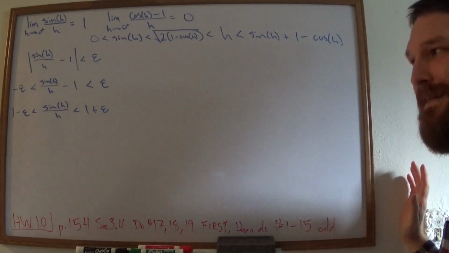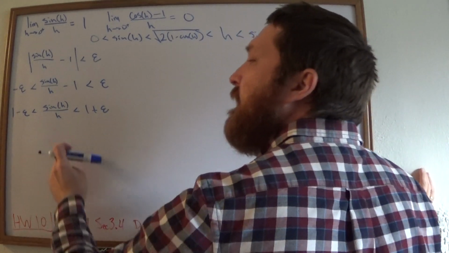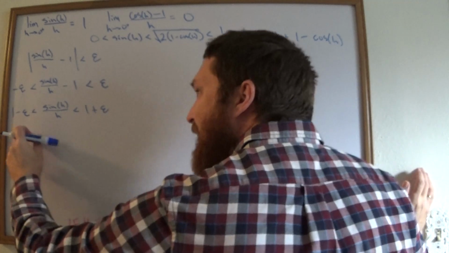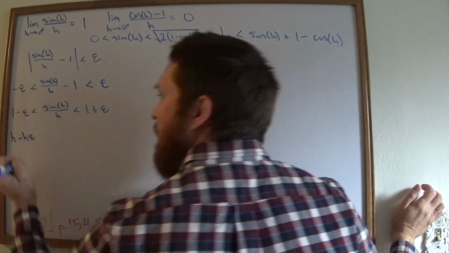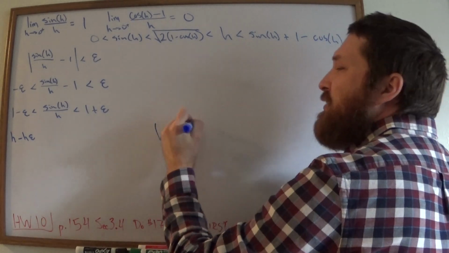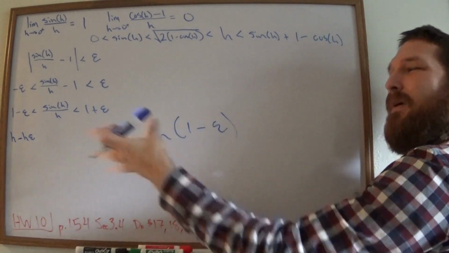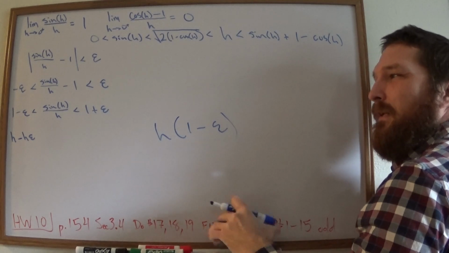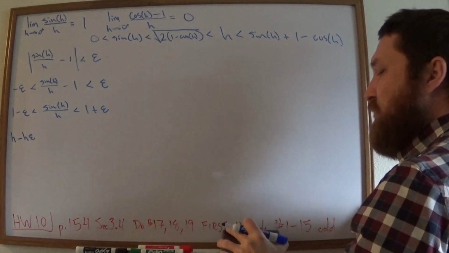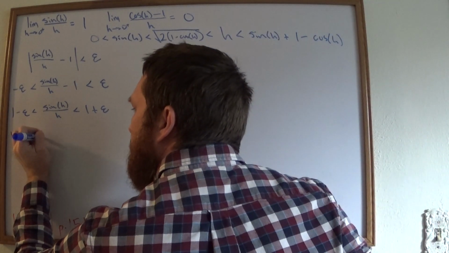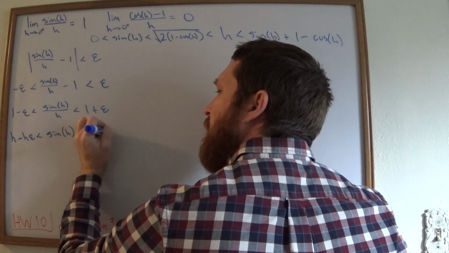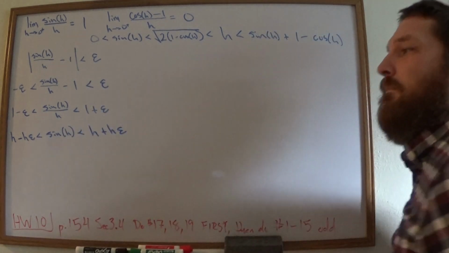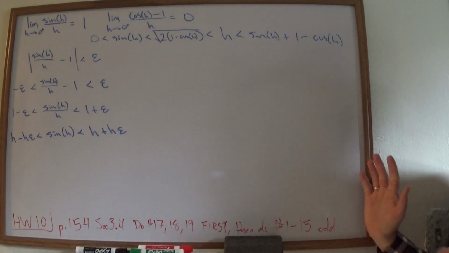I'm just being lazy here, sorry, but multiply through by h, and now what we have is h minus h times epsilon, or h times 1 minus epsilon, but I went ahead and just distributed it out. Everybody buy this? h plus h epsilon. h times epsilon. I haven't done anything crazy here?